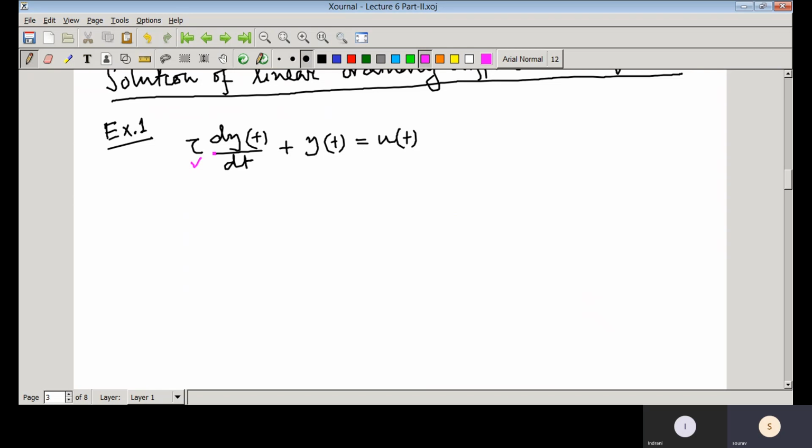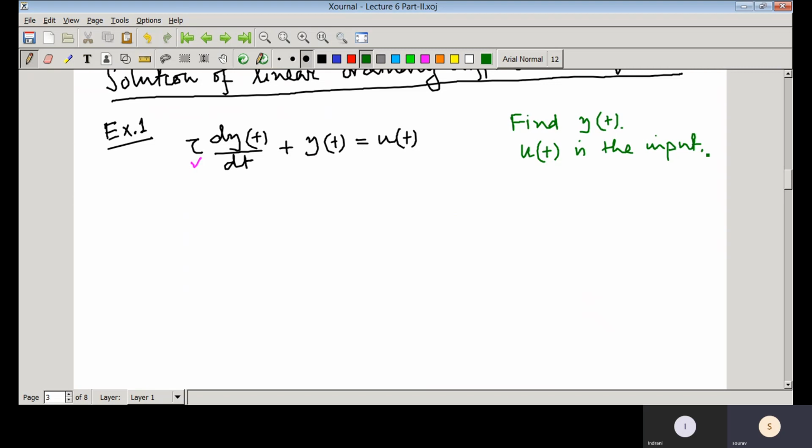But at present our objective is to find the solution. I'll try to give you some physical interpretations of that tau later. So what is your objective? The objective is to find y(t), and here u(t) is the input.